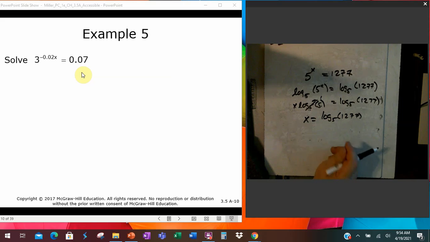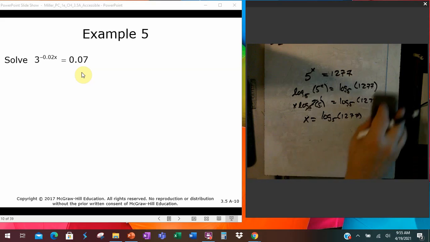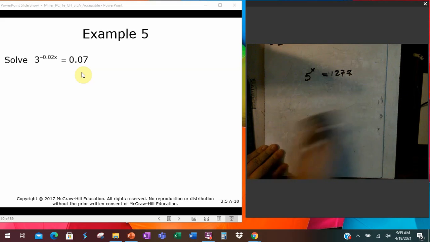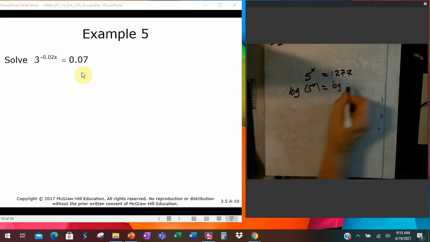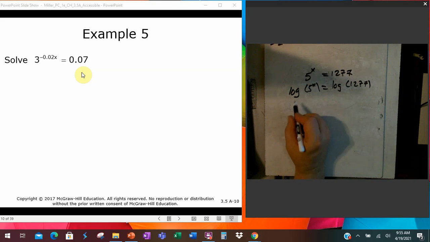Most calculators don't have base 5 that you can do. On the TI-84 you can kind of switch it out with a change of base. TI-36s you can do. TI-30 you can't do. So you need to do this as a change of base. So what I would do instead is take the log base 10 of both sides, same base, and I do the very same thing, x out front.